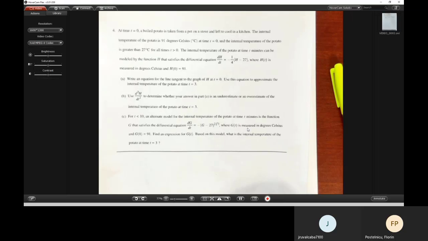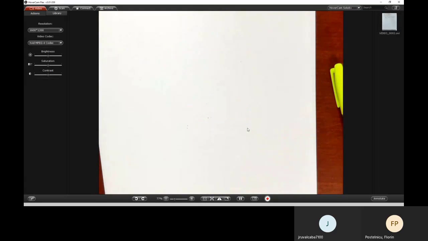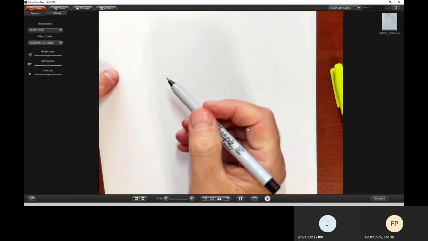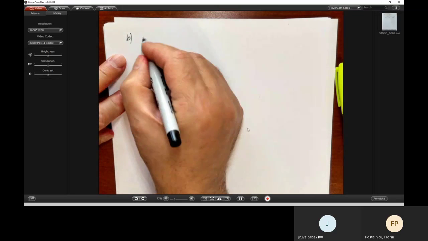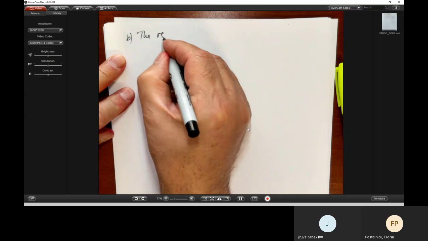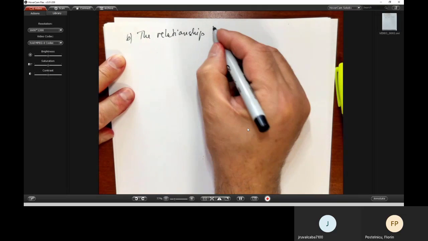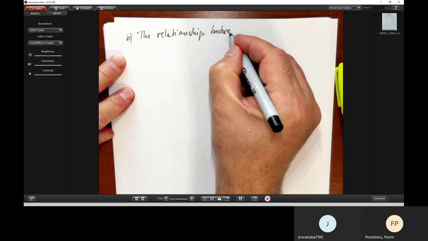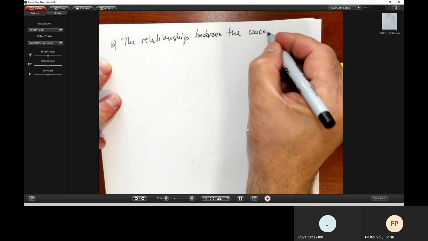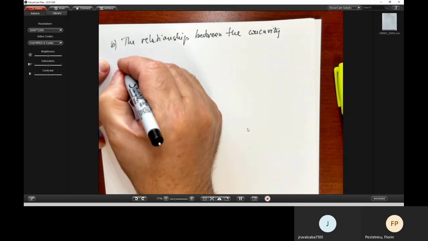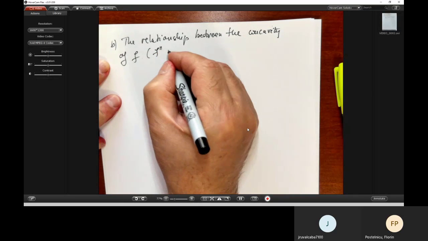So at this point B, let's see if we can establish the relationship between the concavity of a function, so the sign of f second, and the estimate given through evaluating the value of y given by the tangent line equation to the graph of f at a certain point.